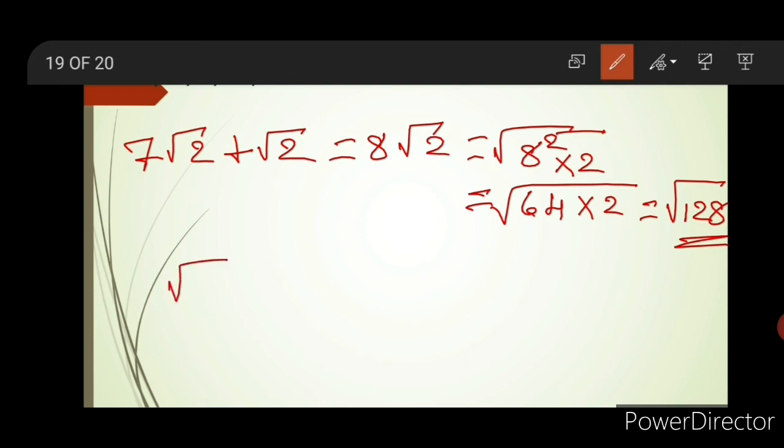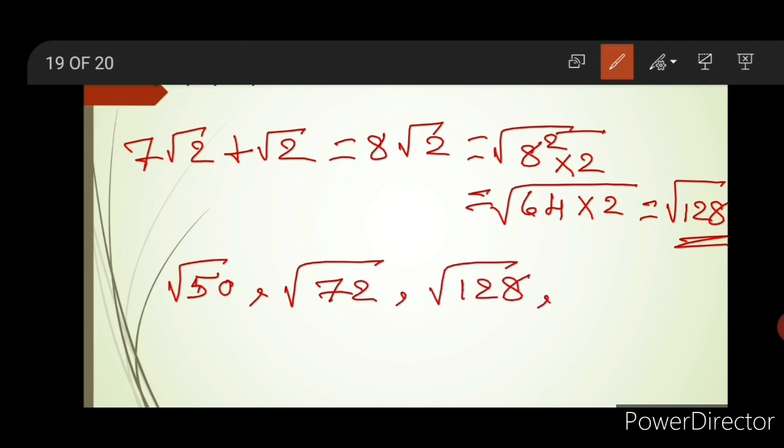Therefore the next four terms are square root of 50, square root of 72, square root of 98, and square root of 128. Okay.